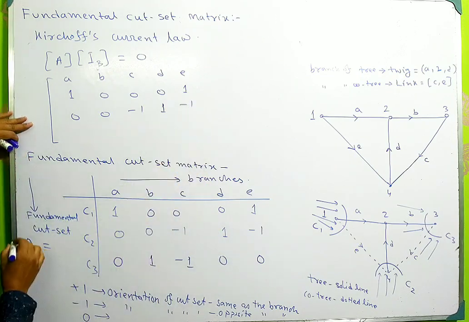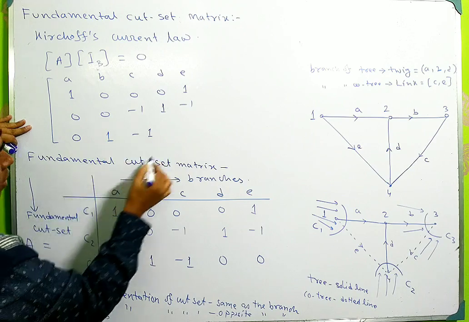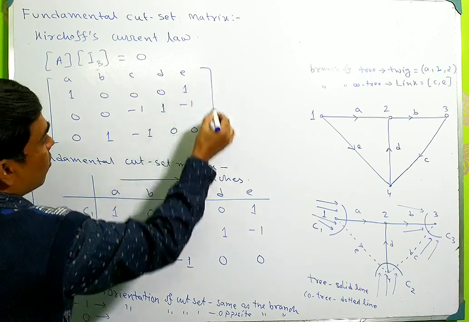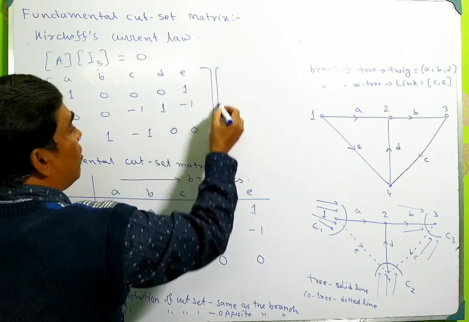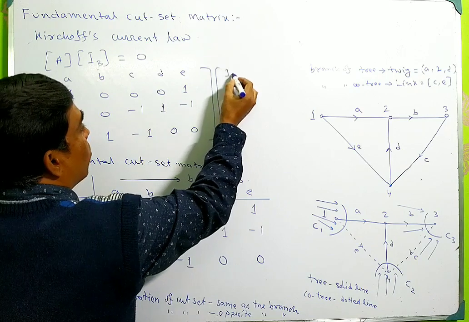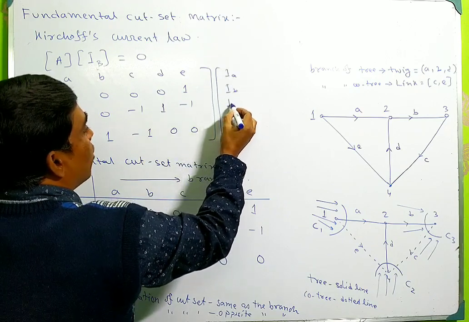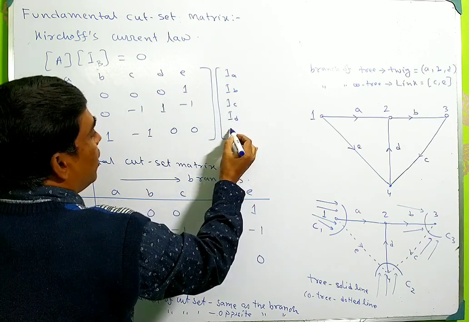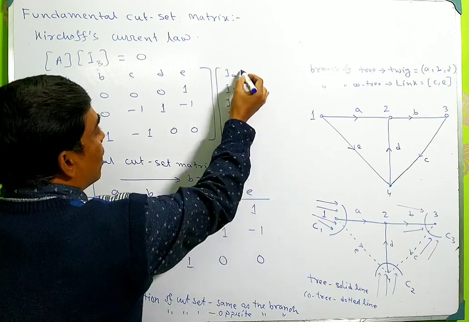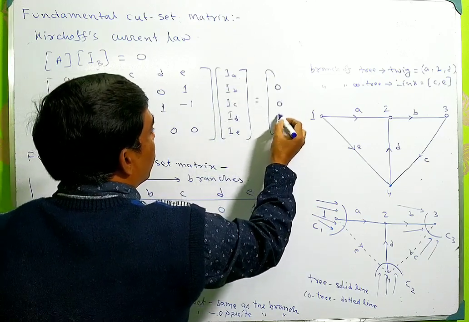This row is 0, 1, -1, 0, 0. This is the cut set matrix of this graph, and this is the branch current vector: branch current of A, B, C, D, E, equal to 0.